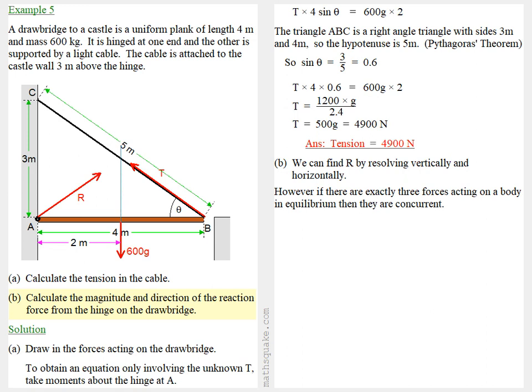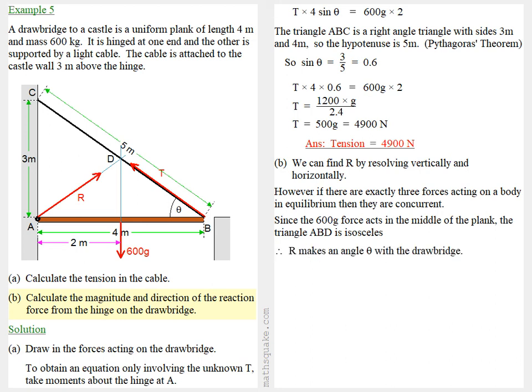So, if we extend the weight upwards and we extend R, we find that T, R and the weight all go through the same point, which we'll call D. Since the 600G force acts in the middle of the plank, the triangle ABD is isosceles. So R makes an angle theta with the drawbridge, and we know sine theta is 0.6. So theta is 36.87 degrees.